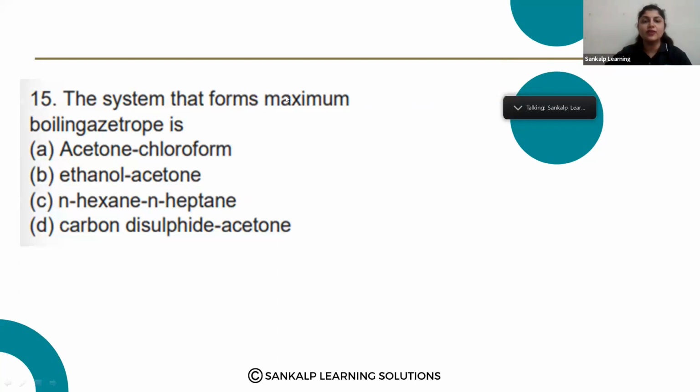The system that forms maximum boiling azeotrope is. Now, what do you mean by azeotropes? Azeotropes are a type of non-ideal solution.